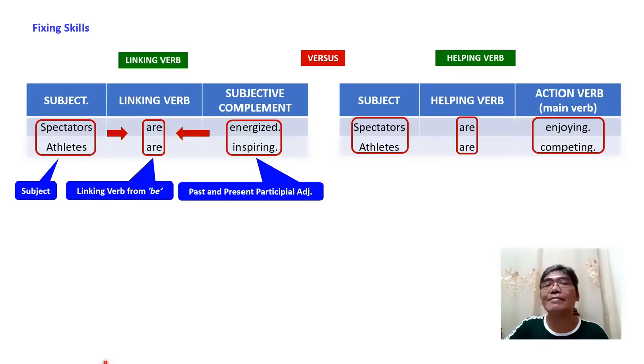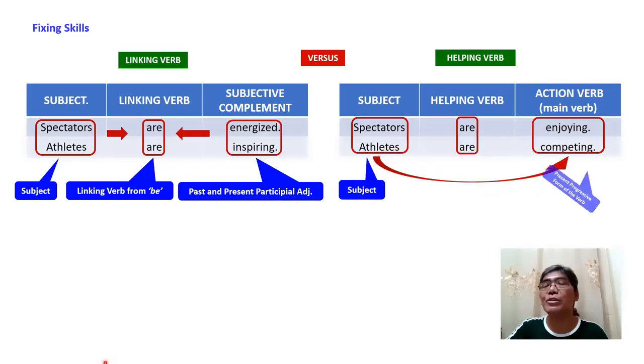On the other hand, the subjects, spectators, and athletes at your right side are performing actions that are expressed by the action verbs or main verbs or by the present progressive forms enjoying and competing.